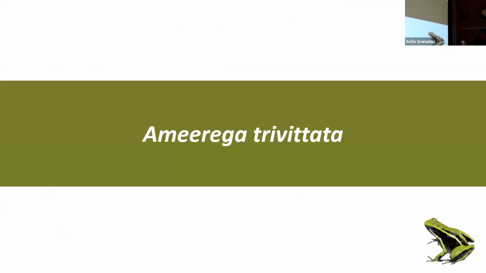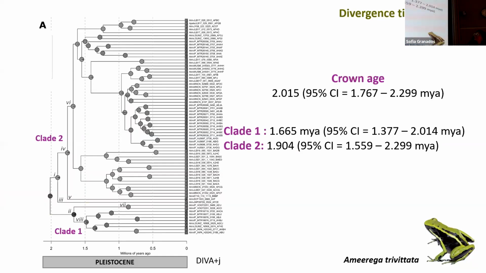Now that I think I explained that better, I'm going to start talking about my results. First I'm going to talk about Amerega trivitata. For this species, this is the phylogeny. As you can see, it's calibrated, and we recovered highly supported phylogenies, where I detected two early divergent clades right here.